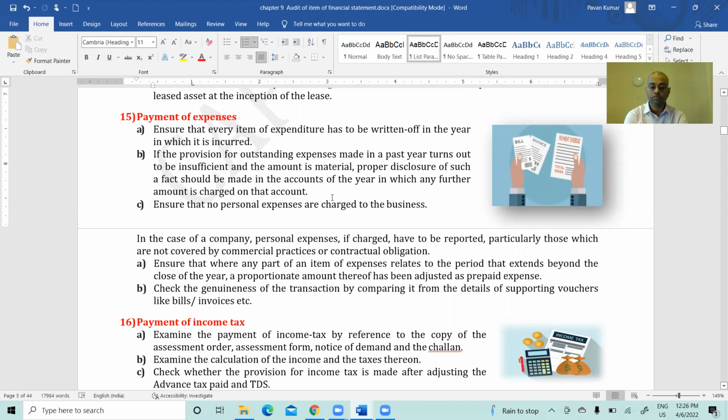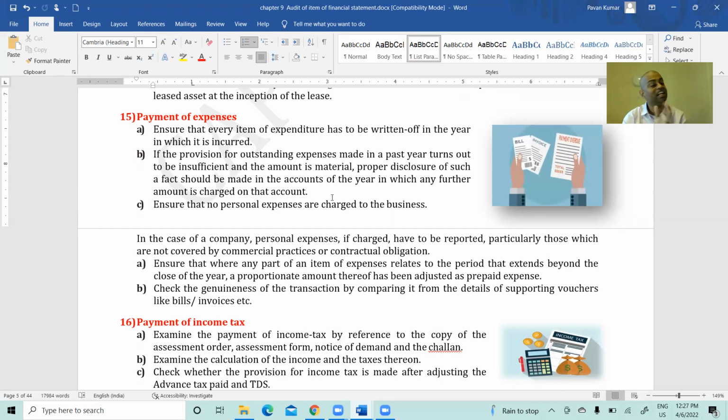Payment of expenses. Ensure that every item of expenditure has to be written off in the year in which it is incurred. Wait, what is this? Ensure that if it is expense, it will go to P&L. If it is capital expenditure, it will result in acquisition of an asset, it will go to balance sheet.